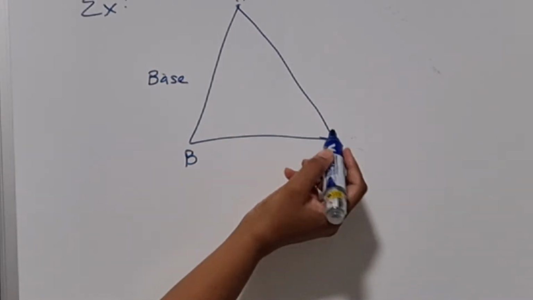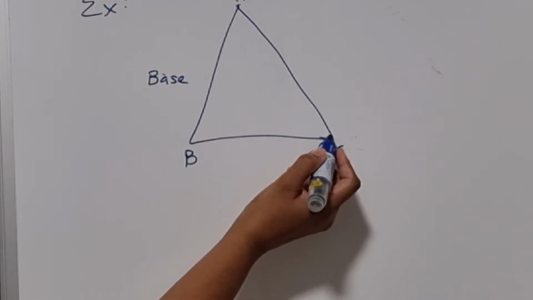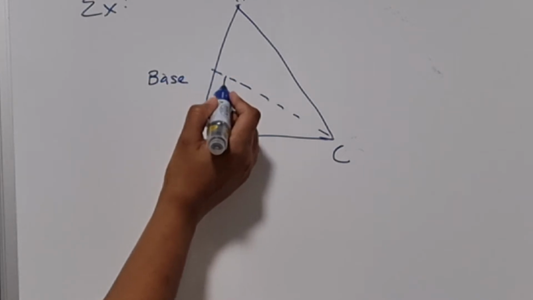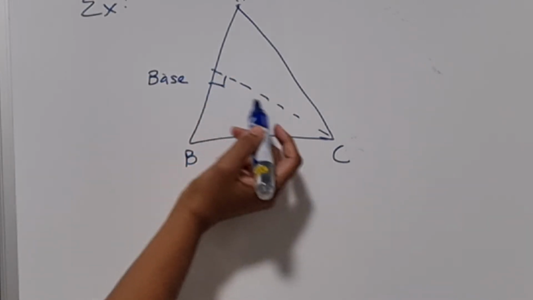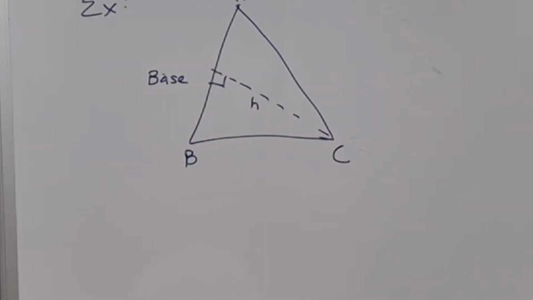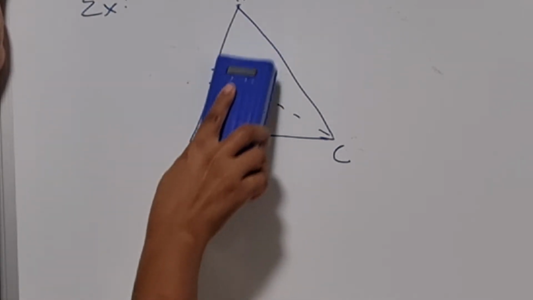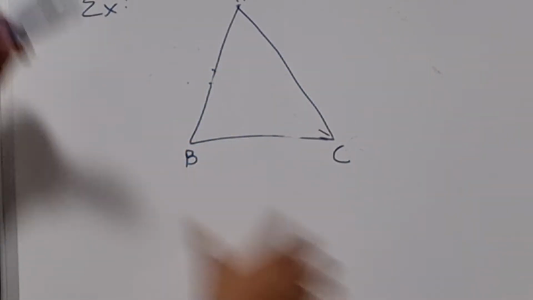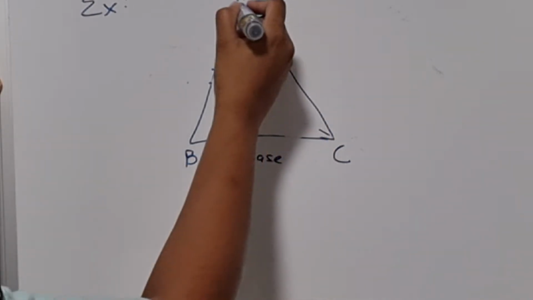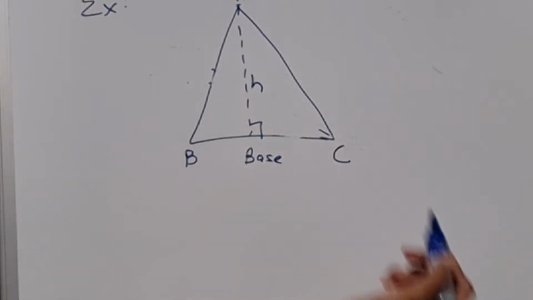So you take from this point, draw a perpendicular line. You see this is 90 degrees, right? So this is the height. Okay, so let's say this is the base, perpendicular line down, this is the height.